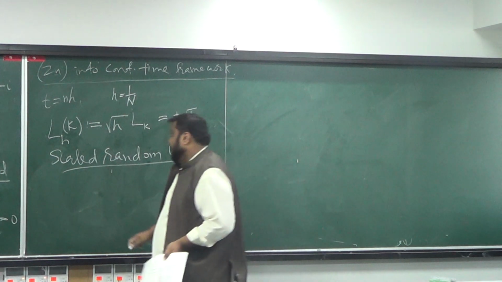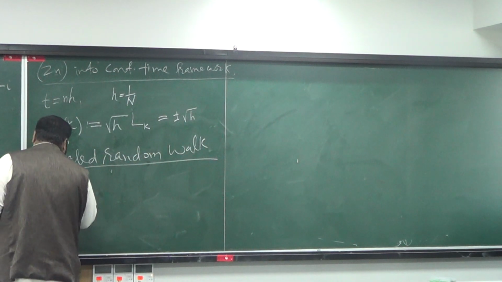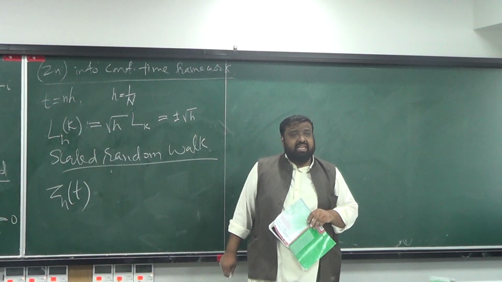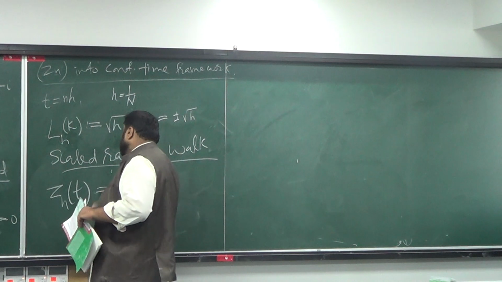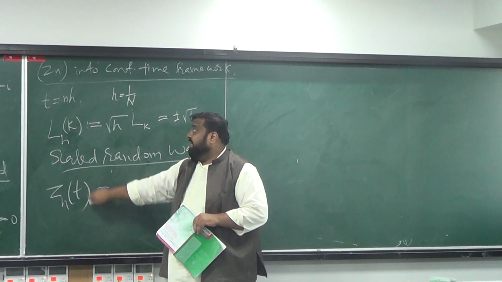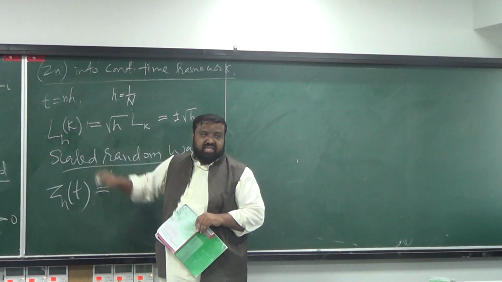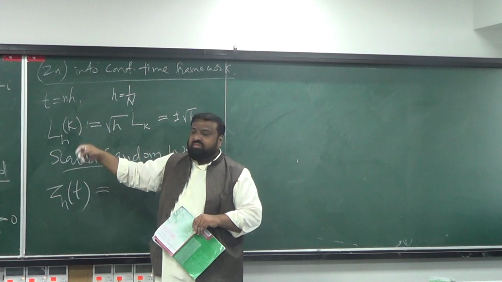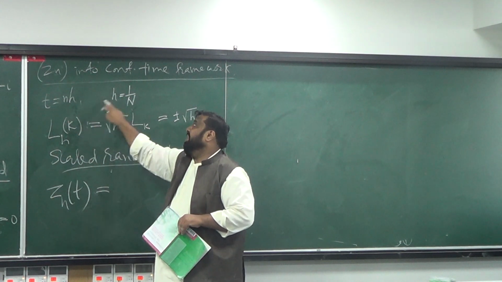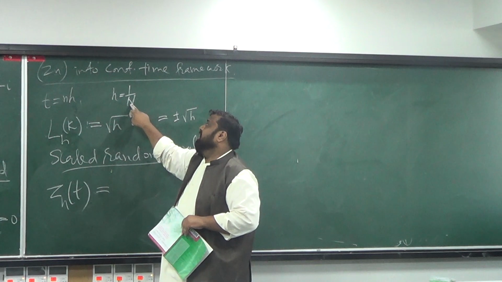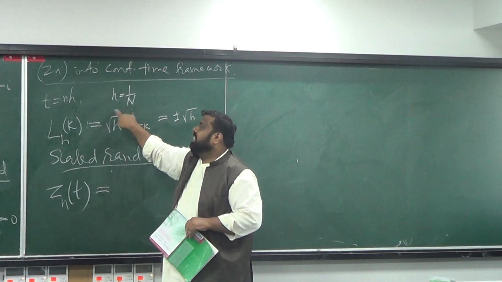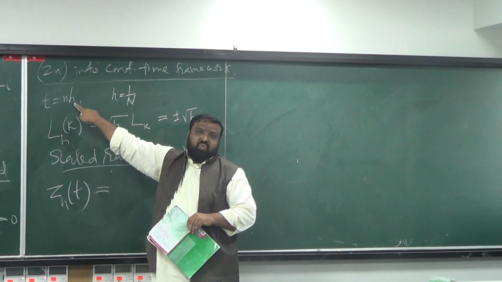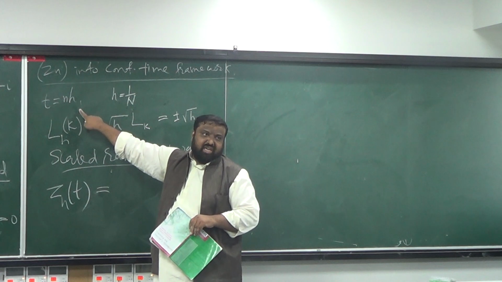Therefore I'm defining Z^h at any time t, my gains at any time t, where t can be any instant nh, which is k over n. For example, if we are splitting an interval into 10 parts, then nh means what? If n is 1, you are talking about 1/10 and 2/10 and 3/10 and so on.